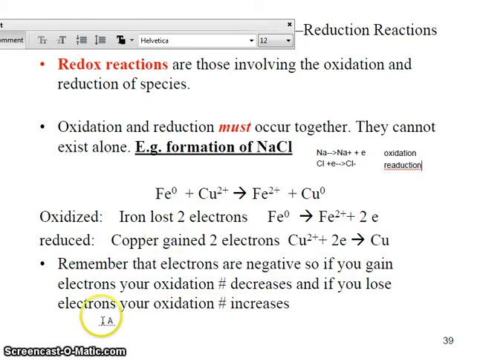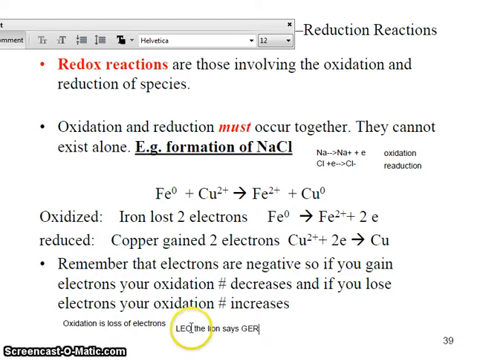So one thing hopefully that you can see is that oxidation is loss of electrons, and you can remember that by a general mnemonic: Leo the lion says grr.